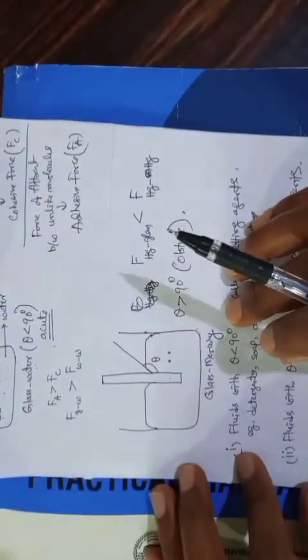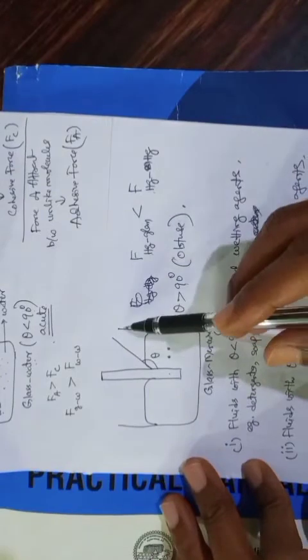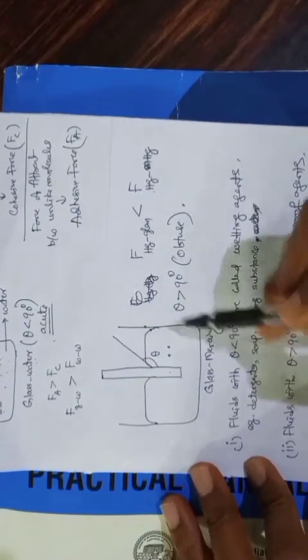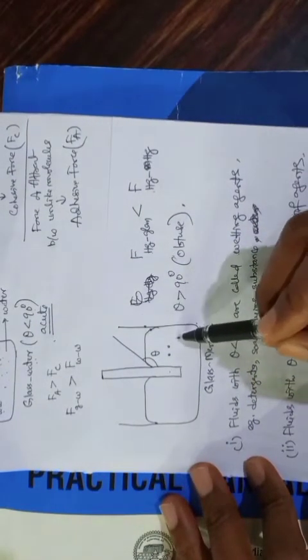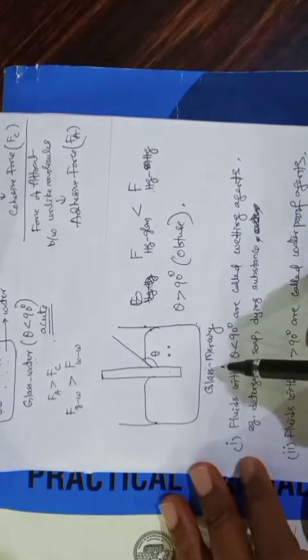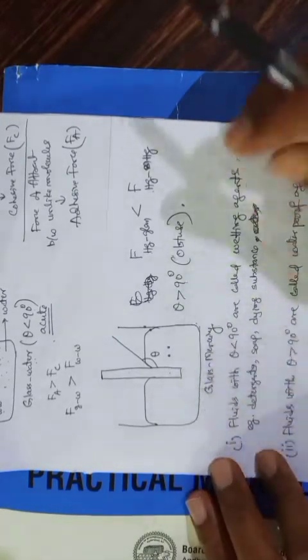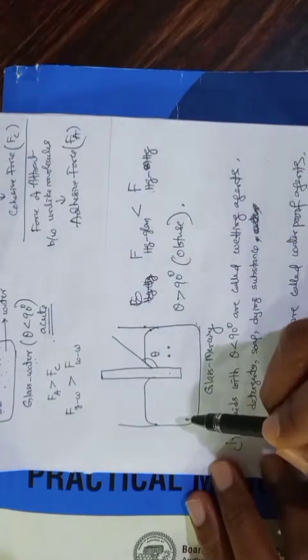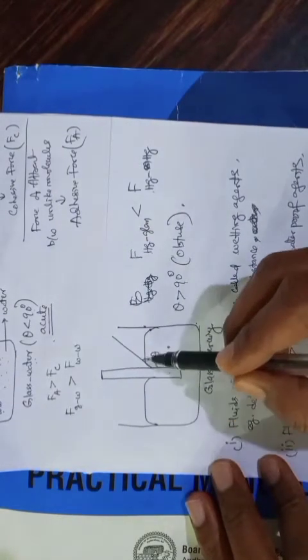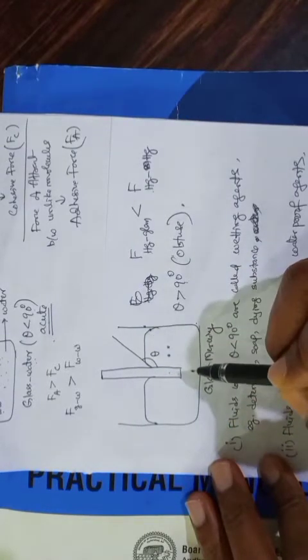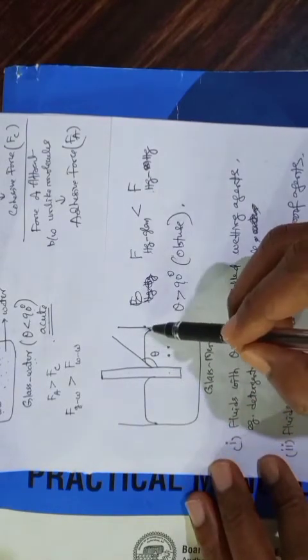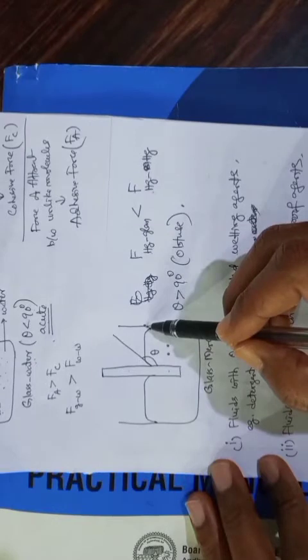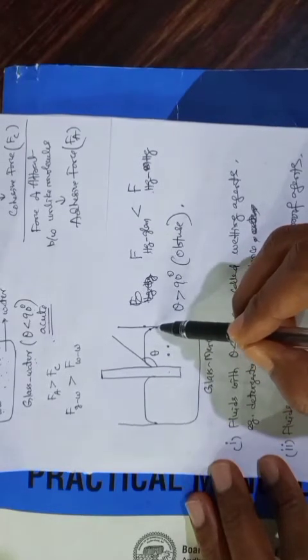Now let us consider another example. Here you have taken a glass beaker, and into that you have poured mercury. You can observe how the surface is. Here to here and here to here it is flat, but near the wall of the glass beaker it has fallen down.